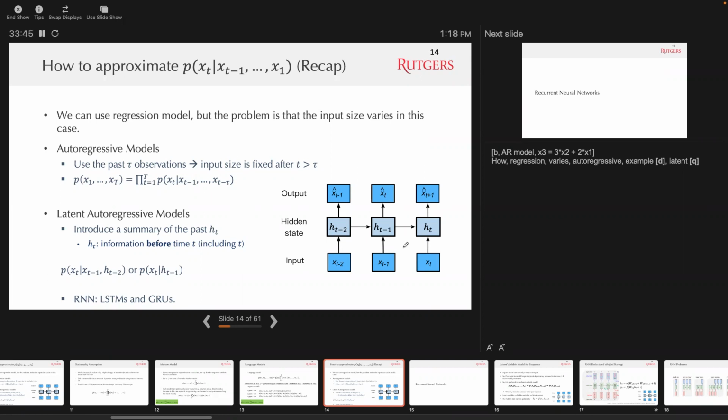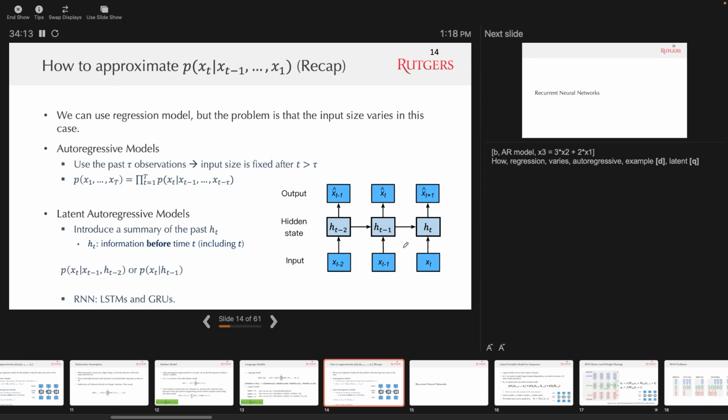Now, the problem with this autoregressive model, like I said, is that to make the model learnable, it has to assume some kind of stationary or Markov conditions. For example, here you assume that each word or each value is conditioned on the previous two values.